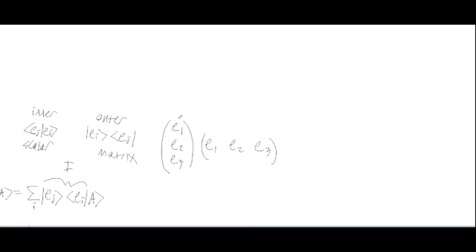We fill out a matrix, starting with e1e1, so we have e11, then e1e2, e12, then e1e3, e13. Then we move down: e2e1, e21, e2e2, e22, e2e3, e23, and we keep going like this, e33.